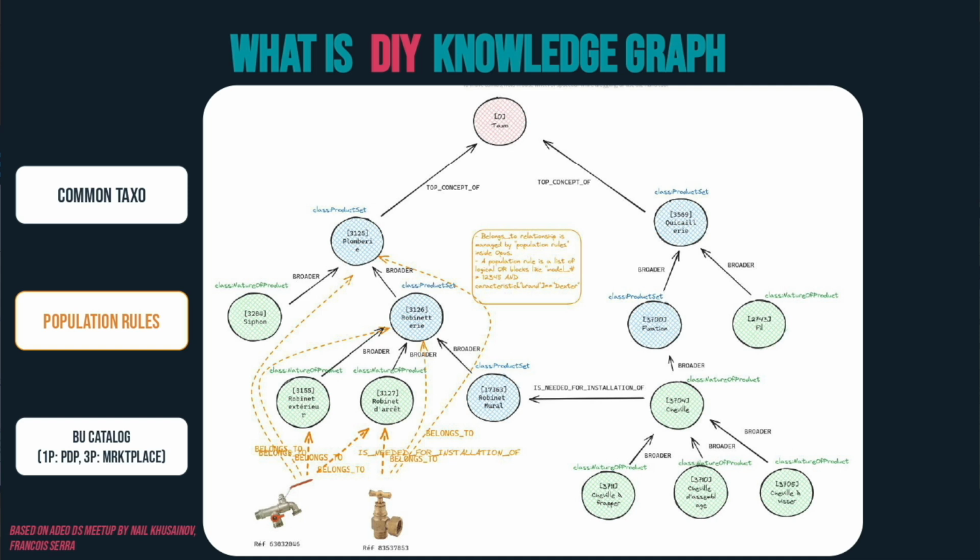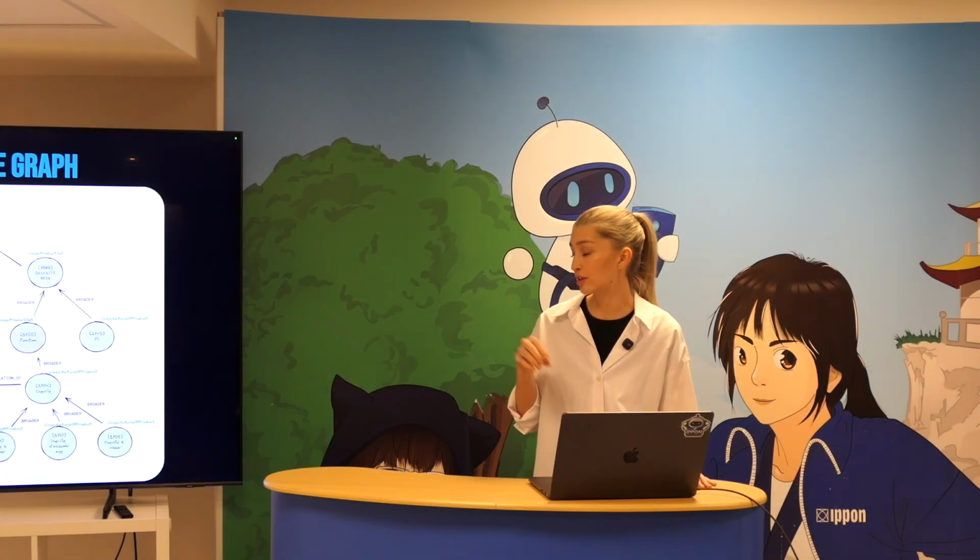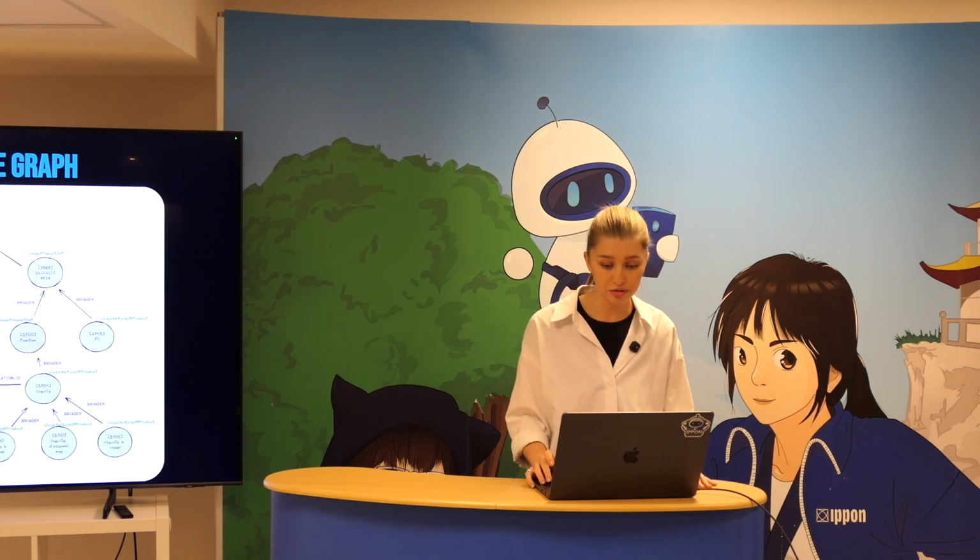And important thing is population rules. What population rules in action? It's an option to automatically group the products by the categories in the special concept. So we use models and model attributes to categorize products and avoid manual error in this part.